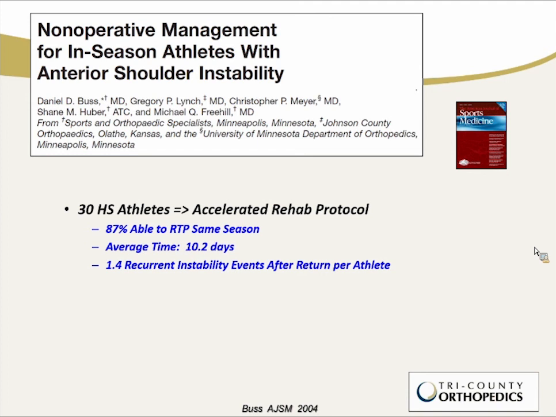Because he also reported 1.4 episodes of recurrent instability per athlete during their time back. They finished the season, but they had recurrences. So having a recurrence doesn't necessarily mean failure to keep playing. But what does that mean, and is that important?